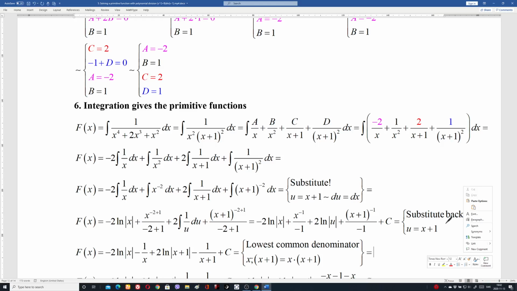this u, and we should substitute back, and we should put x plus 1 instead of u. So everything here is okay. We have here a minus 1. Minus 1 multiplied by plus is the minus 1.